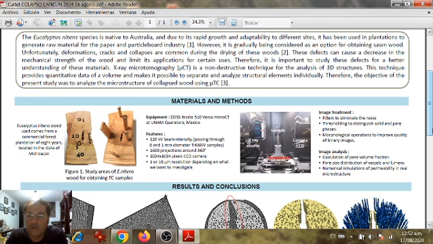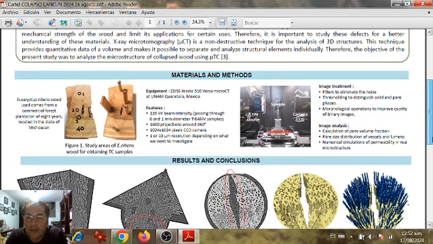The sample was mounted in an X-ray computed tomograph, and we obtained images. We reduced the noise and applied thresholding to distinguish solid and pore phases.